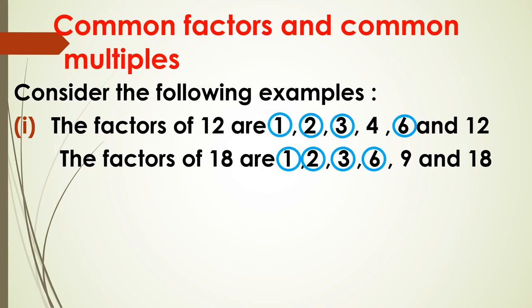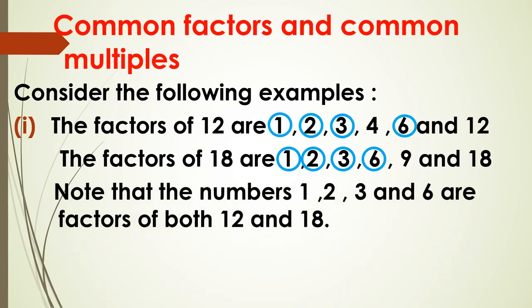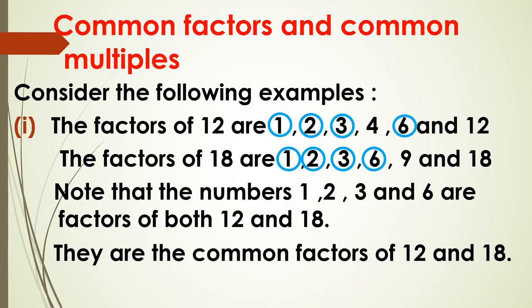Note that the numbers 1, 2, 3 and 6 are factors of both 12 and 18. Is it clearly visible? These are the 4 factors which are the factors of 12 also and 18 also. So these are called common factors, which are common in both. They are the common factors of 12 and 18.